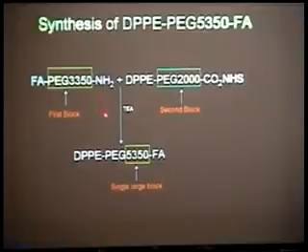And we can add any number of these 3350 folate amine groups to that. And so the reaction of these two together is going to give you a DPPE with a PEG 5350, which is the addition of these two, plus the folate. Okay? And so we can continue this any number of times in order to build a longer and longer chain at the end of the DPPE.